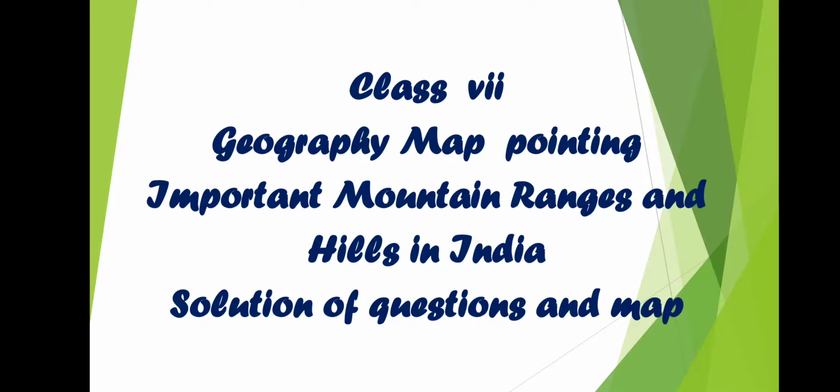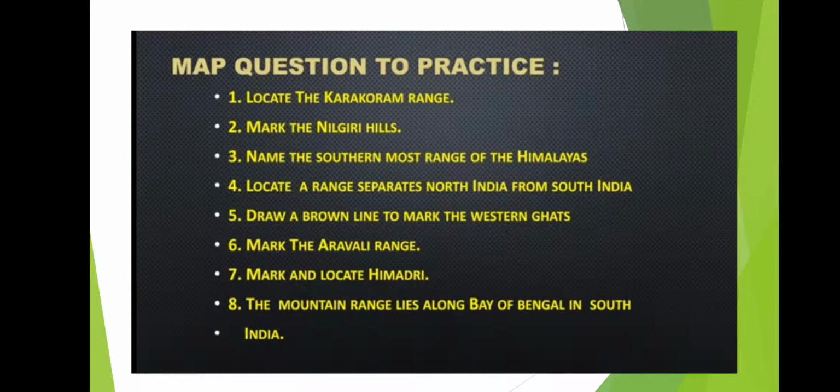So let's see, these are the questions. Let's have a recap. Number 1, locate the Karakoram range. Number 2, mark the Nilgiri hills. Number 3, name the southernmost range of the Himalayas. Number 4, locate a range that separates North India from South India.